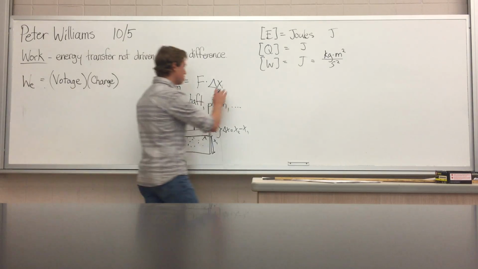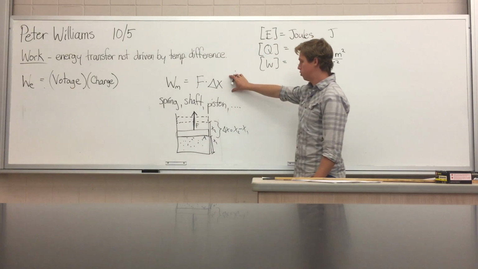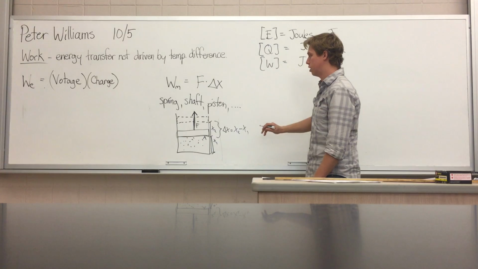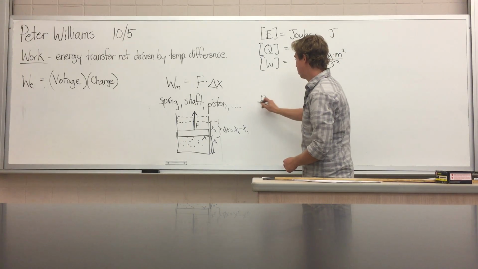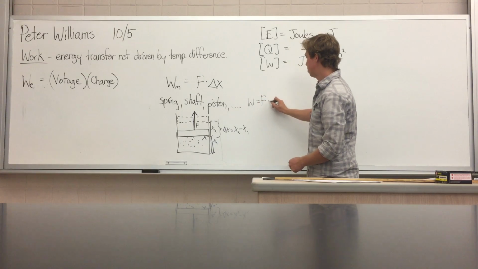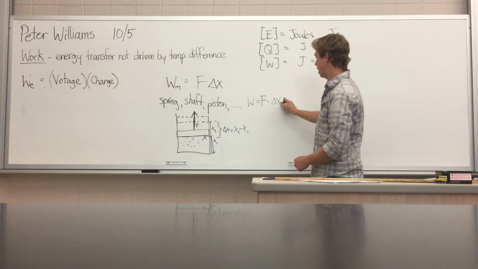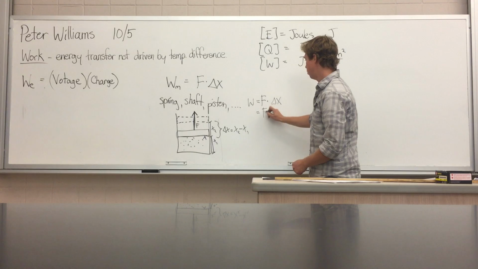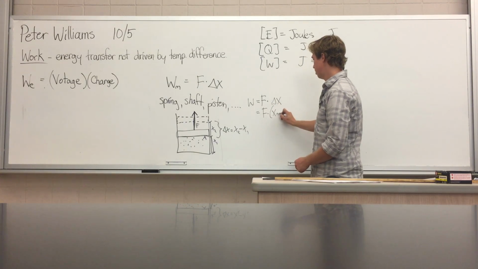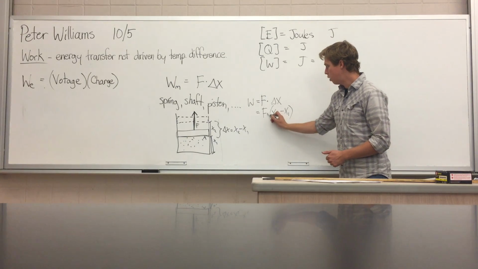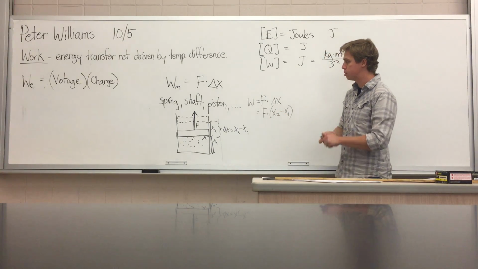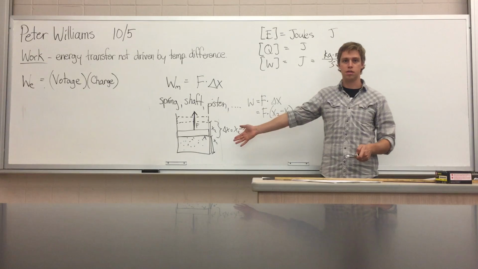So let's go over here to our formula that work is force times distance. Actually, I'll leave that one because I don't want to mess with it. I'll write this over here. So we have work equals force times delta x, which we know is force times x2 minus x1. Now, I would like to put this in terms of something that I know about the system, right?